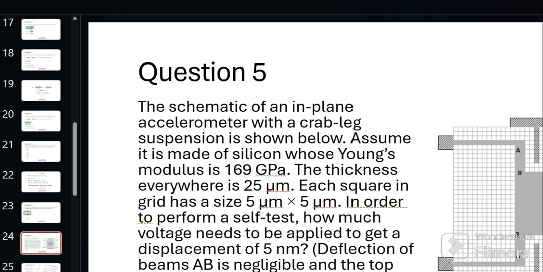When the car or any other device moves, the gap between the combs will change, and that will lead to change in capacitance. That is what is measured in an actual accelerometer. In this case, we are just testing it, so we are finding the deflection.